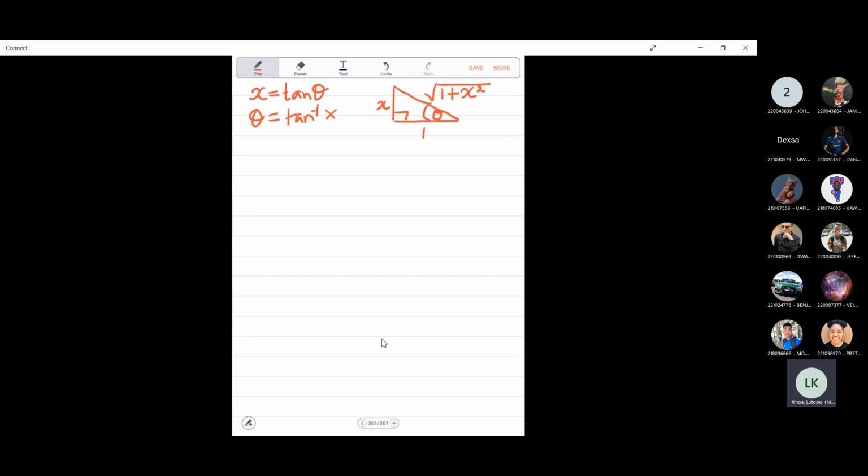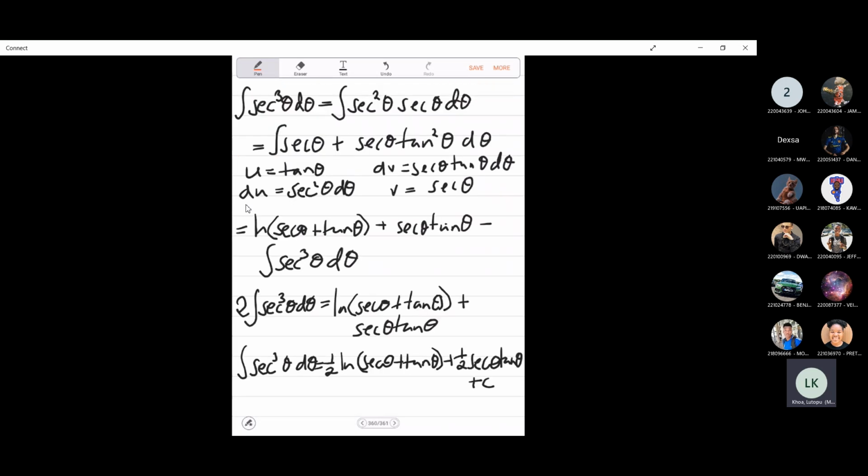Okay, so sec theta here is the hypotenuse divided by the adjacent over 1, which is just 1 plus x squared, everything under the square root. So now we have everything in terms of x. We can just substitute into this formula over here. So this one, sec to the power of 3 of theta, we say that is the square root of 1 plus x squared.